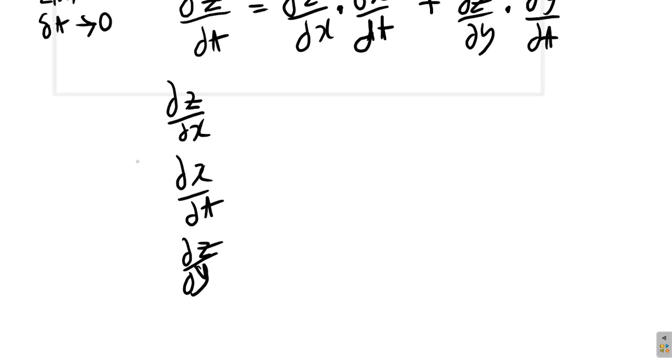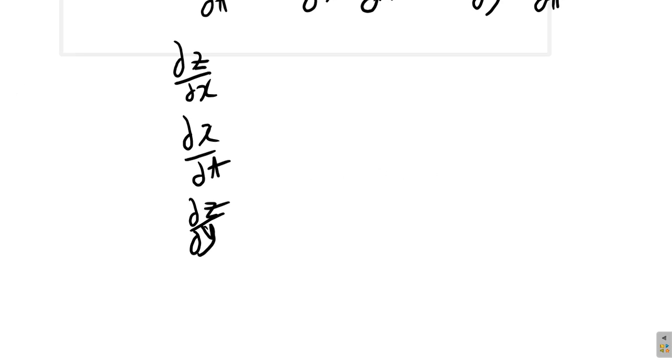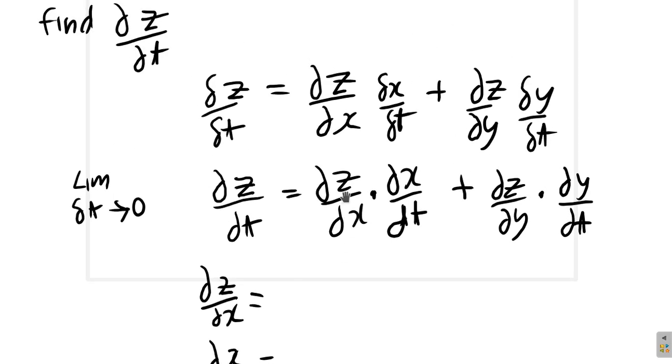Sometimes it's written partial z by partial y, right? Just like we say dy by dx. And here, we need to find the partial of y with respect to t, partial y by partial t. So we need to find all four of them. So, let's see how it goes.